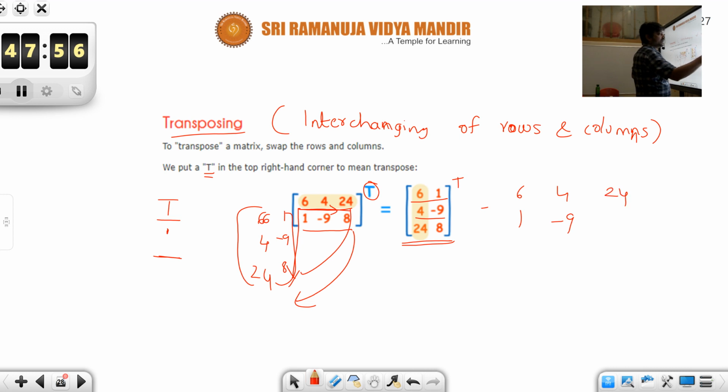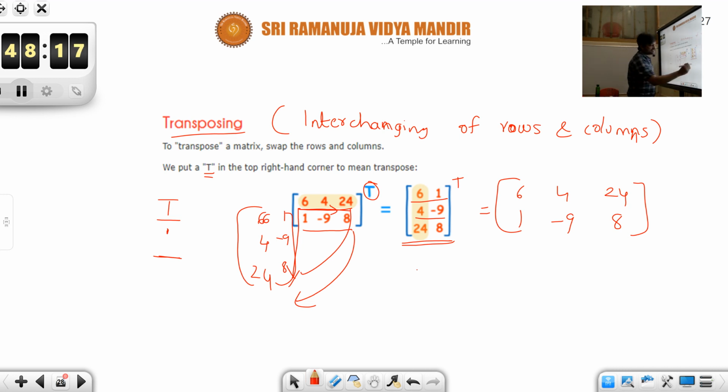And then 24 8. Students, in this way we can perform transposing. See here, this column has become the row: the first column becomes the first row, the second column becomes the second row. In that way, interchanging rows and columns.